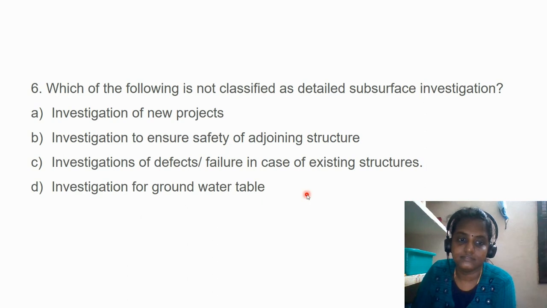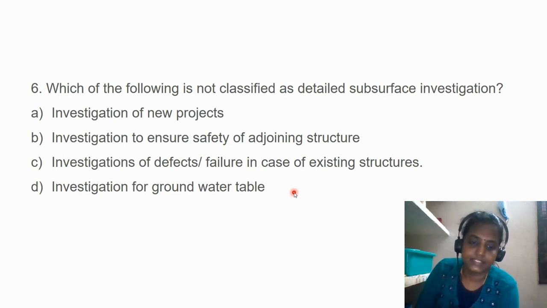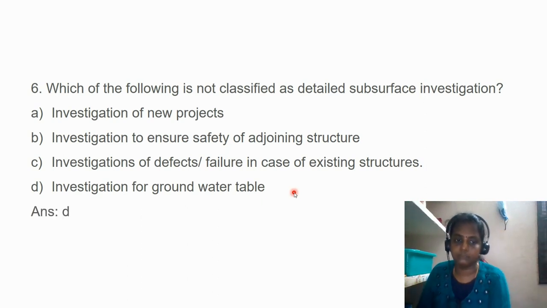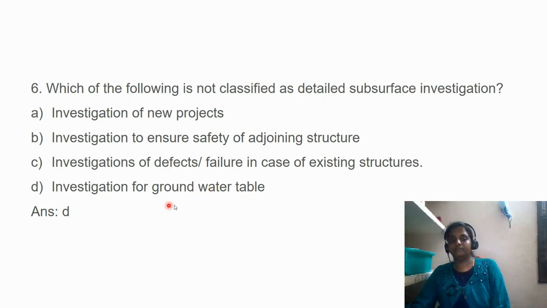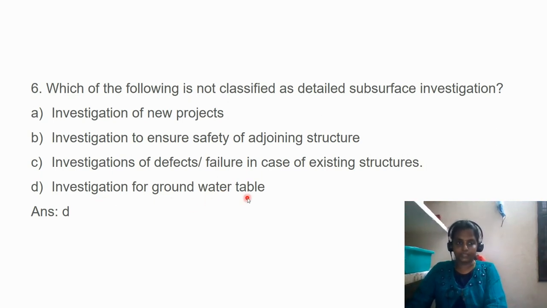Which is that? It is investigation of groundwater table. In the preliminary investigation itself, you'll be able to determine where the groundwater table is located. So that is not a part of detailed investigation, but we will be confirming it.